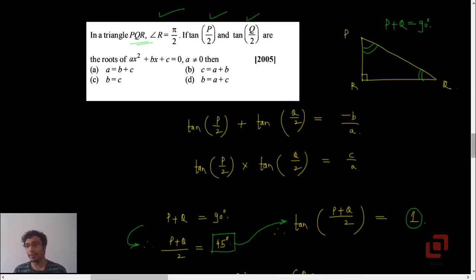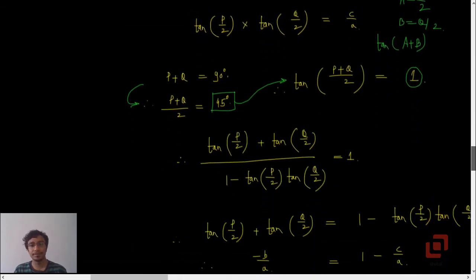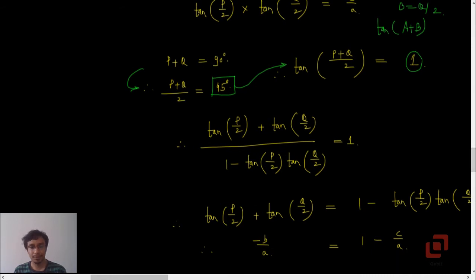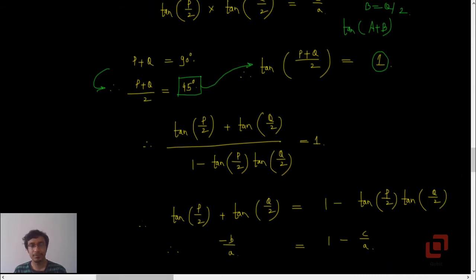Now the step is to expand tan of P plus Q by 2 using the formula for tan of A plus B, where A is P by 2 and B is Q by 2. So this is the expression tan of P plus Q by 2, the RHS is 1.